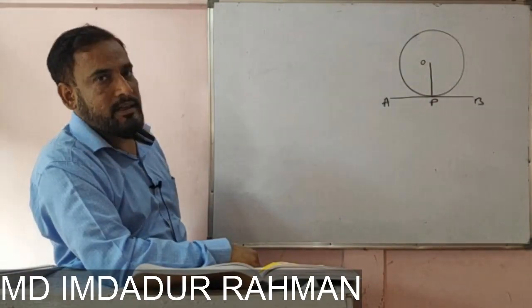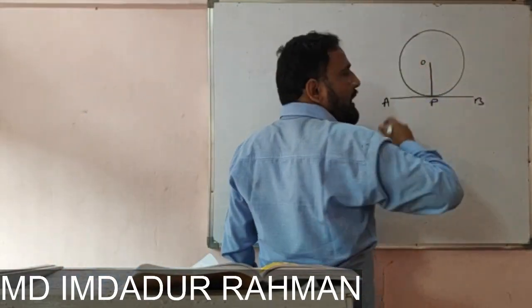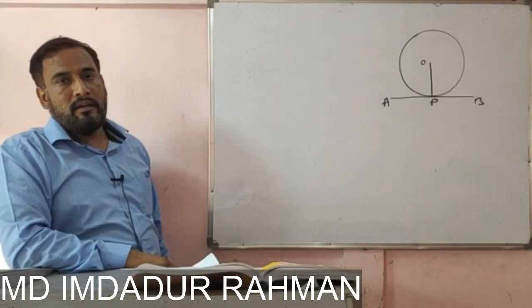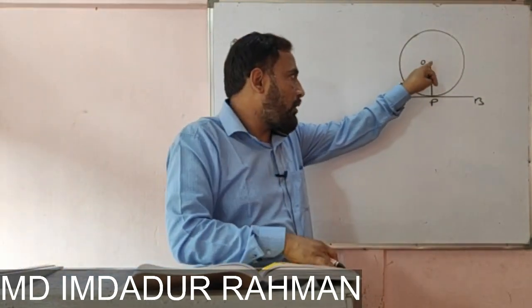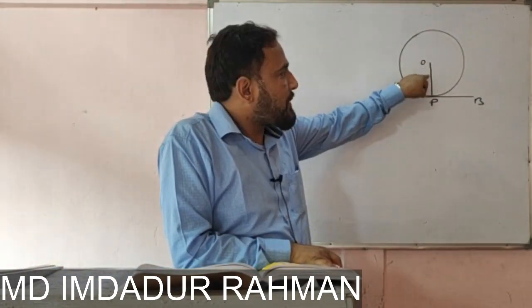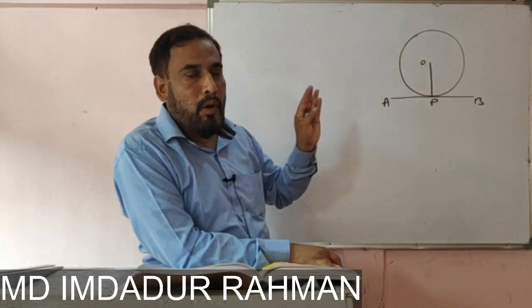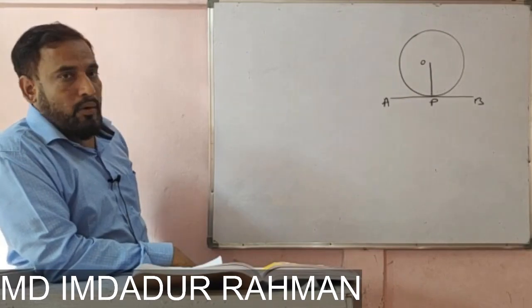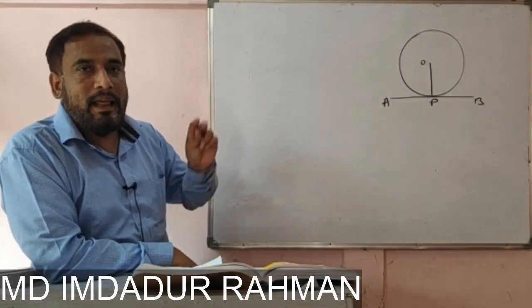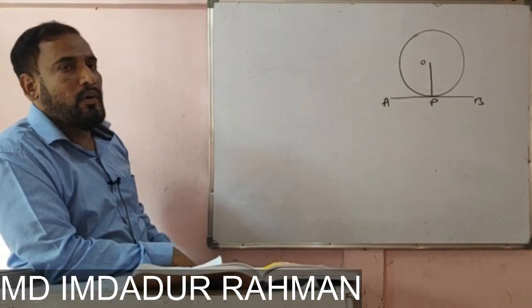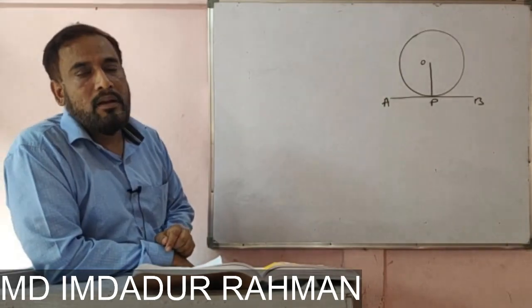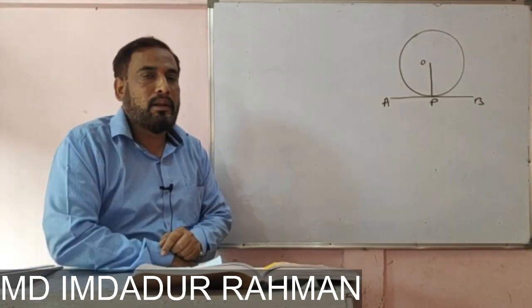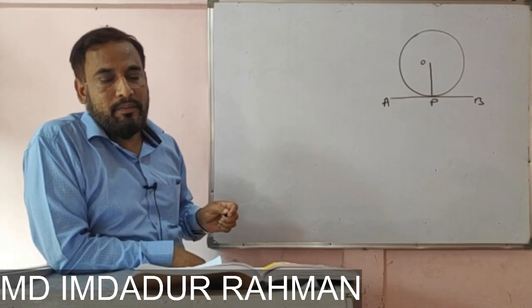We have to show that this OP passes through the center. Although it passes through the center, we have to prove it. So to prove it, we will draw another line and we will think that it is perpendicular. So this method of proving is called the contradiction method.